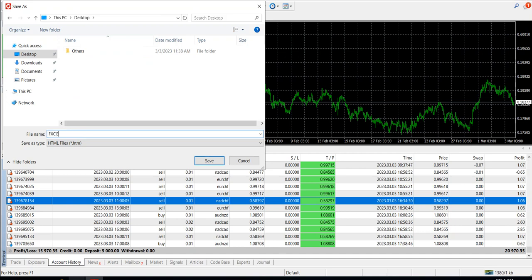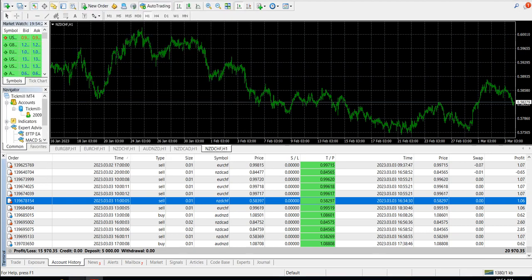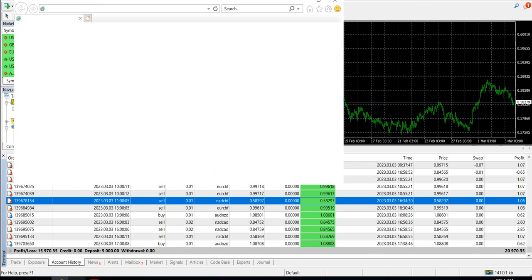It's the FXCG EA from 1st August 2022 till 3rd March 2023. Guys, give it some time, it will take some time to populate, because it's data of around 7 months with 5 pairs.